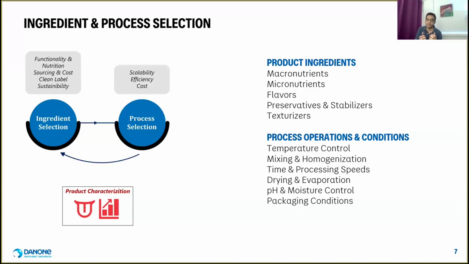When we think about the process selection, we could have temperature control, mixing, blending, processing speeds, and all kinds of other processes. These are the decisions which are made beforehand, before we are doing our lab trials, and we come back to these ingredient and process selections and change them, whatever makes more sense in terms of the particular product.